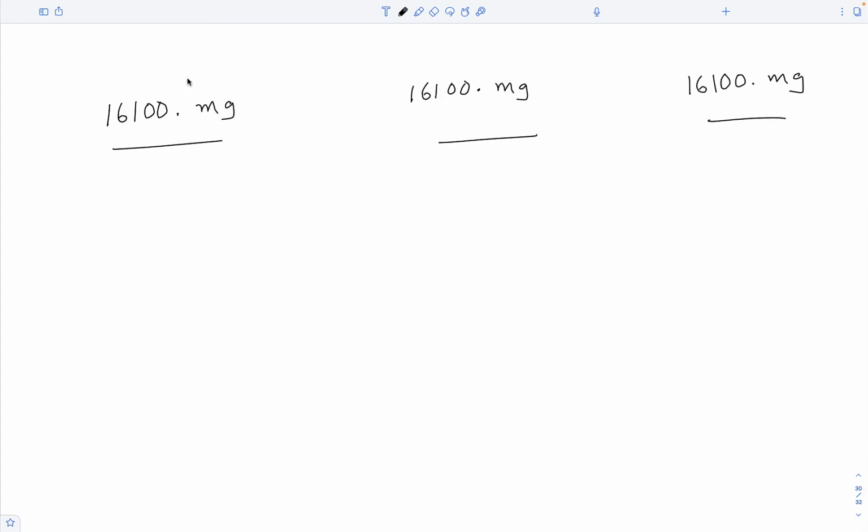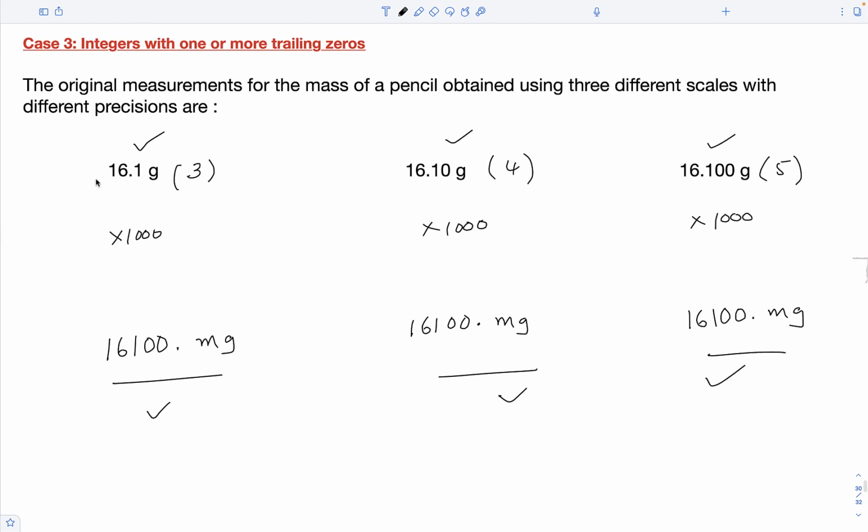Now, if you are given these 3 values and you do not have access to these original measurements, what do you think about the number of significant figures or the precision of these 3 measurements? By looking at these 3 values, you might think that they have the same precision and the same number of significant figures because they are identical. But when you look at the original measurements, you would understand that they are not identical.